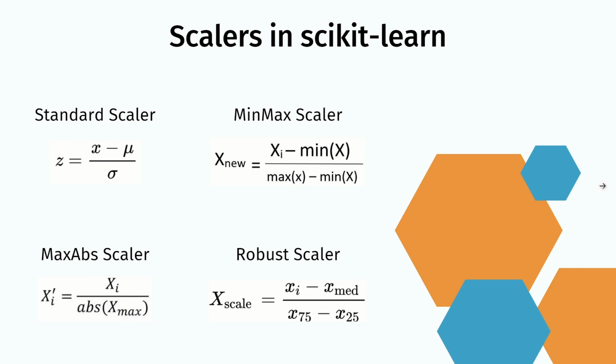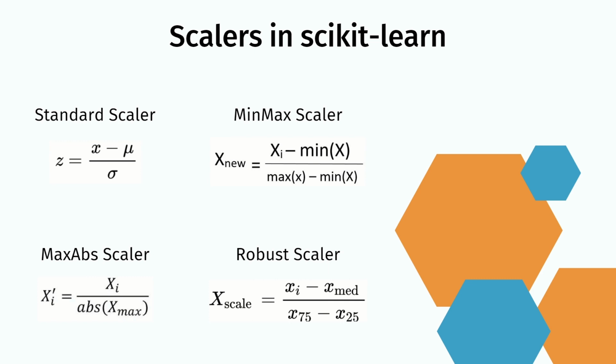Now scalers in scikit-learn. We have standard scaler, which we just saw, which is like z-score normalization, where the new variable is given by x minus the mean upon the standard deviation.